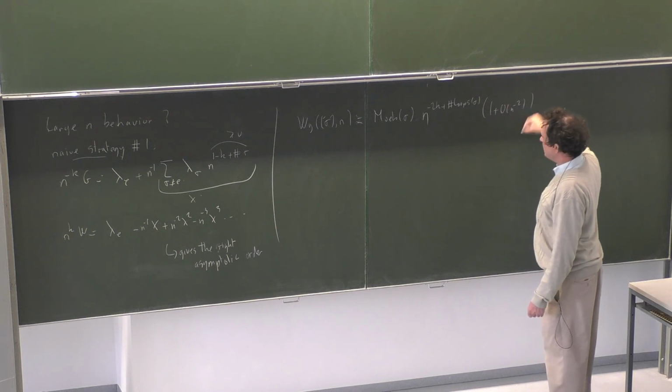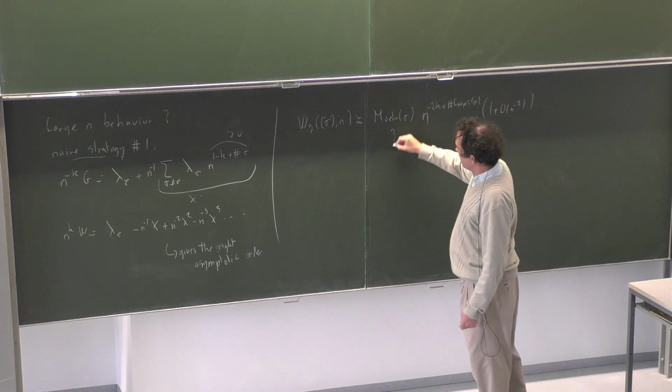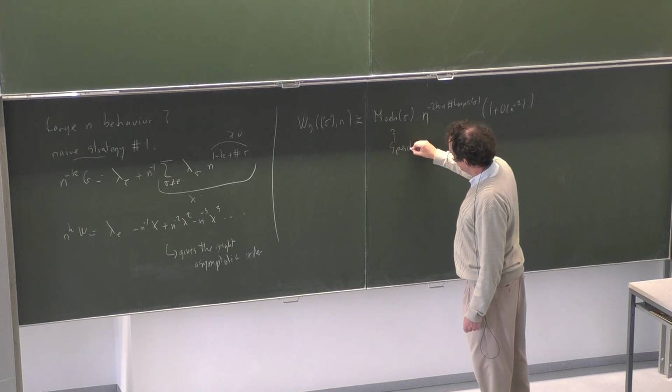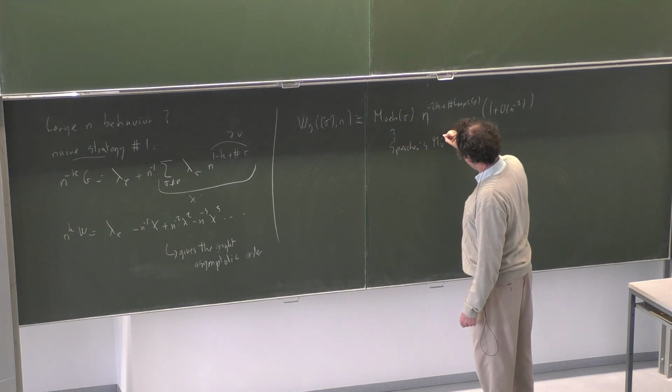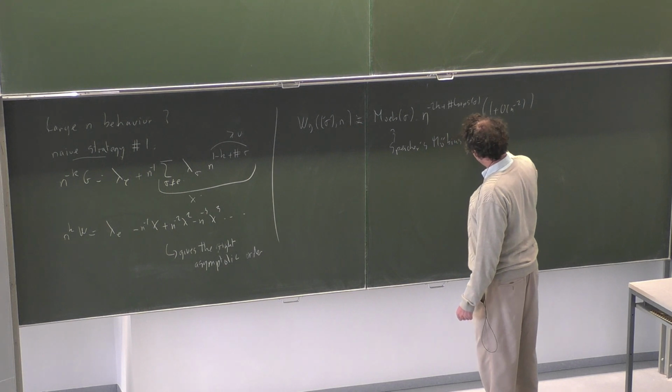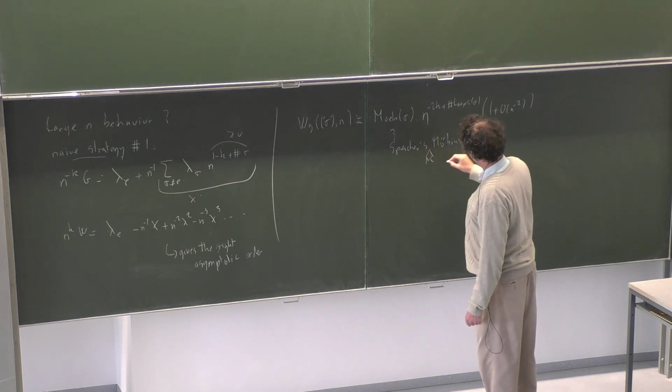So these kind of things were known, where this is here Speicher's Mobius function, non-crossing Mobius function.